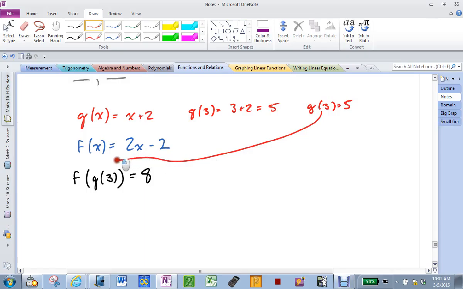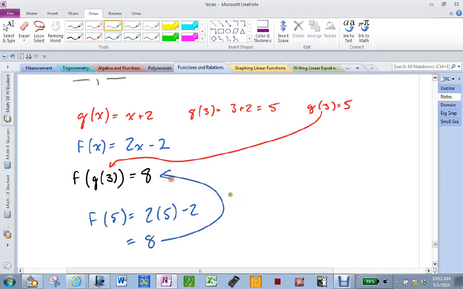So I need the f of the g of 3, which is the f of 5. 2 times 5 minus 2, which is 8. Exclamation point. Yay! Everybody good?